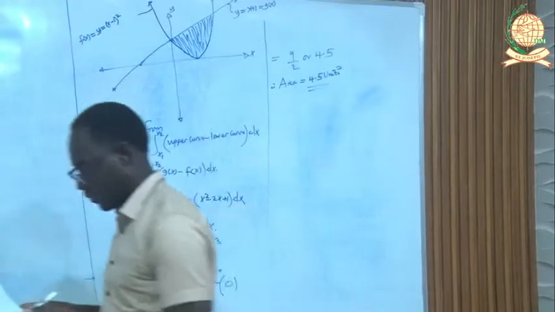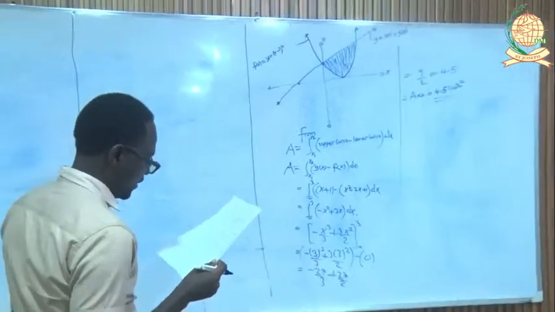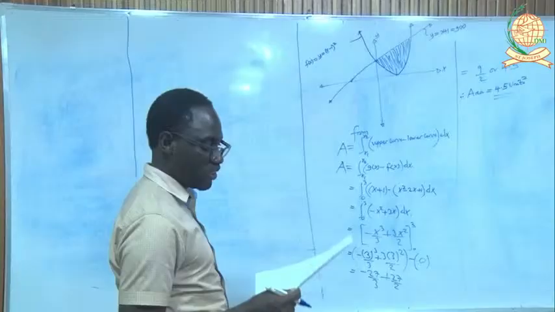Then in part A, you're asked to find the interquartile range, and in B, you're asked to find the mean by the coding method.